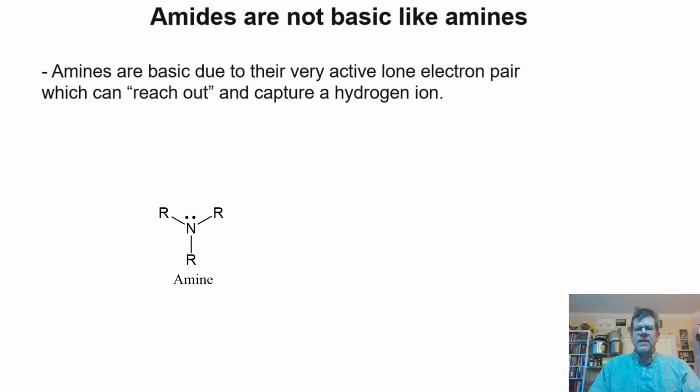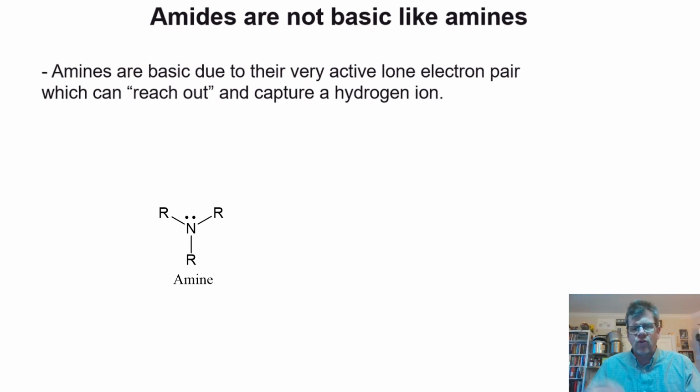So let's look at a striking difference between amides and amines. Whereas amines are basic, they act as bases because they have a very active lone electron pair which can reach out and capture a hydrogen ion.